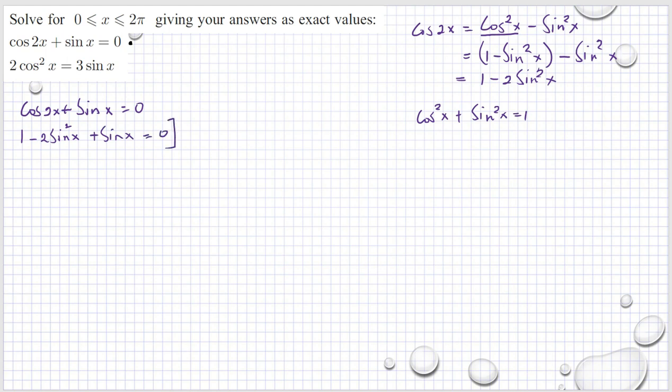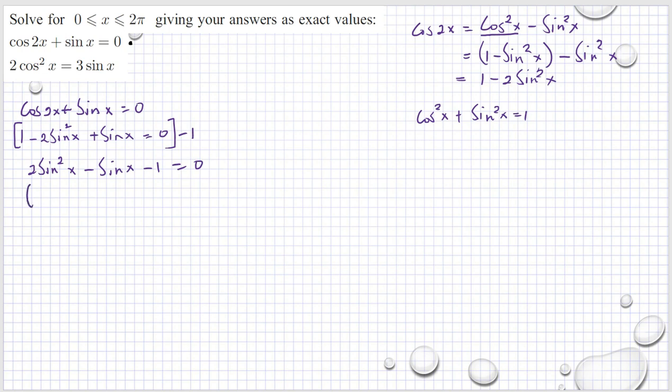If we multiply all the terms by -1, then we have 2 sine squared x minus sine x minus 1 is equal to 0. Almost similar to our first example.